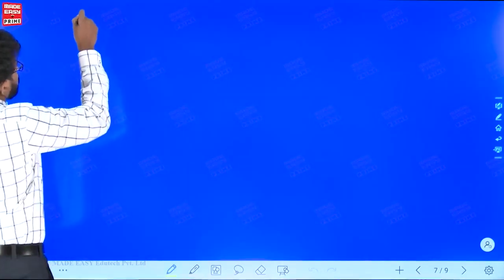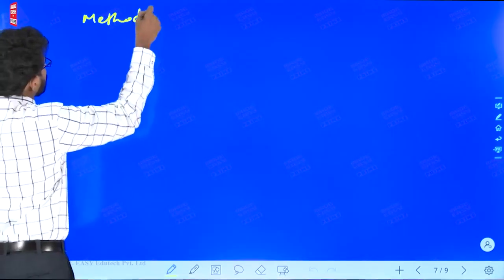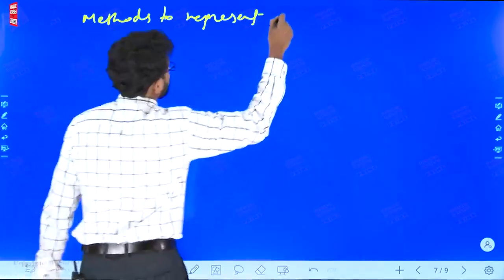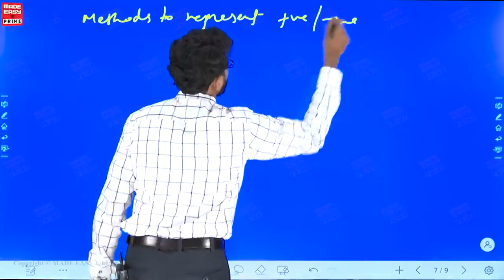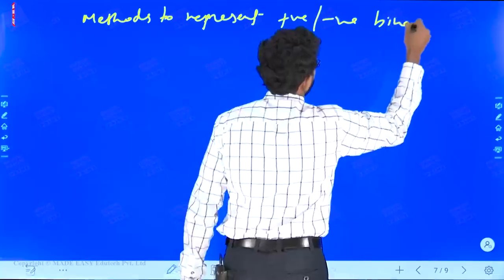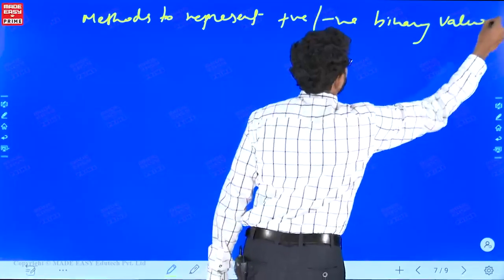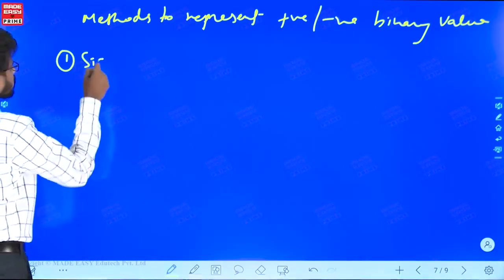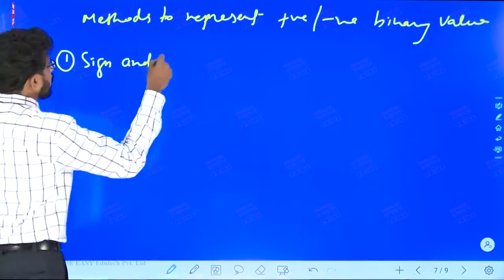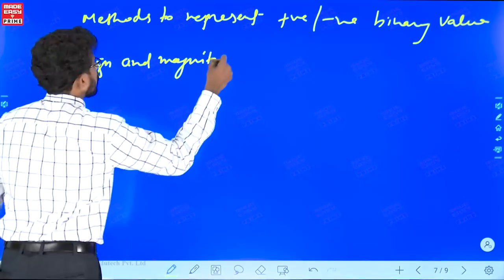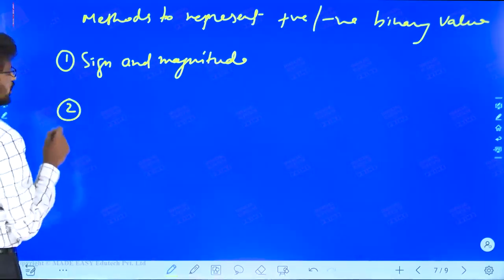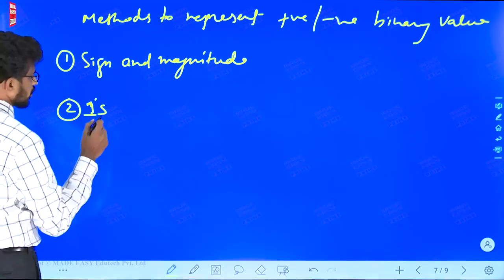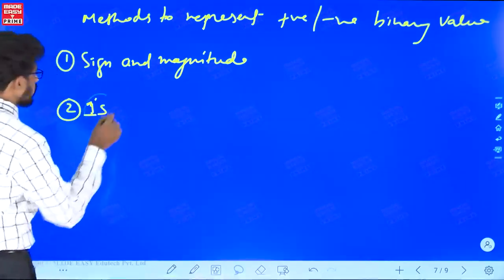So there are 3 methods to represent positive or negative binary values. So what are these 3 methods? Very simple. One is sign and magnitude. Second one is ones complement.